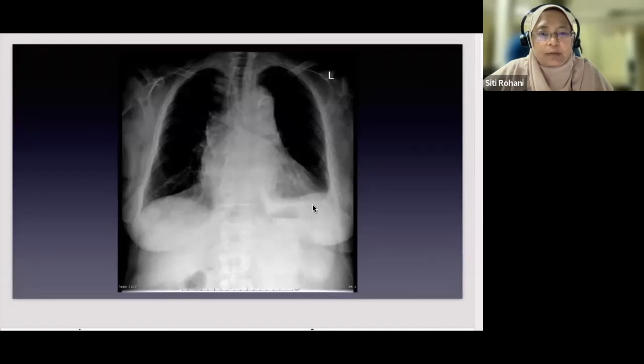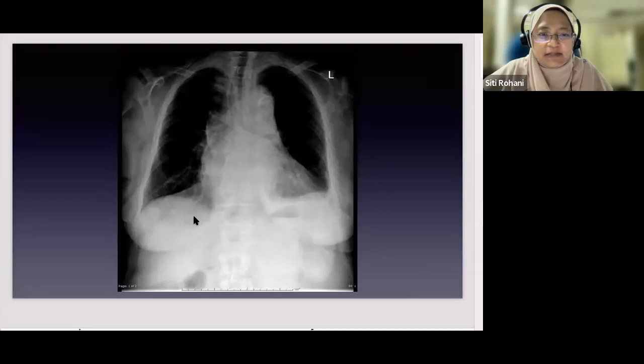Correlating with our findings, there is some mass effect at the left upper mediastinum that causes shifting of the trachea to the right, displacement of the intimal calcification of the aortic arch, widening of the mediastinum, and left pleural effusion.